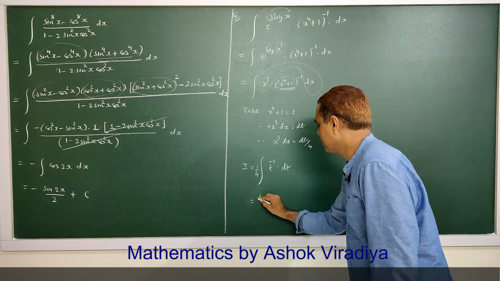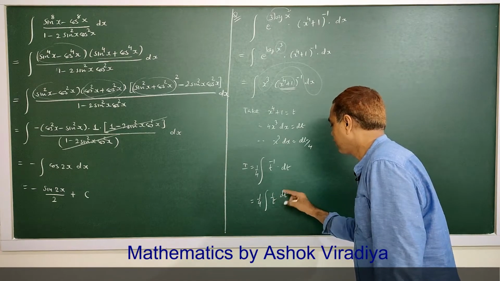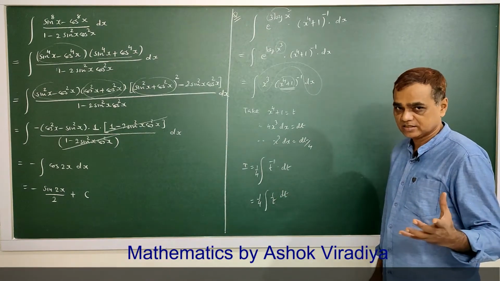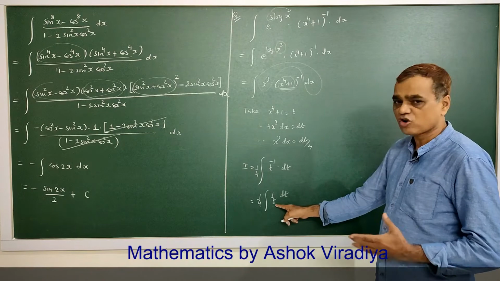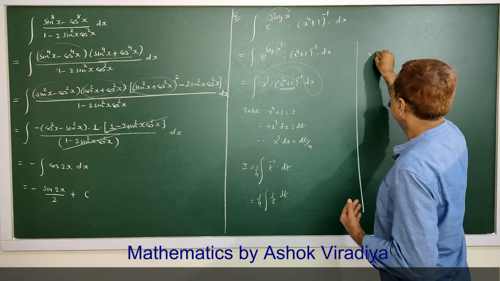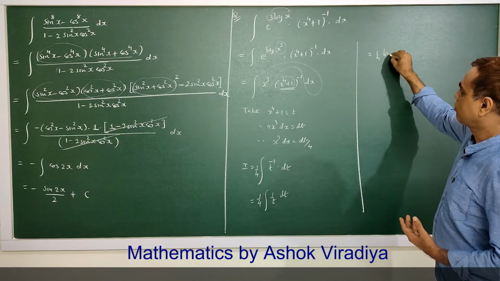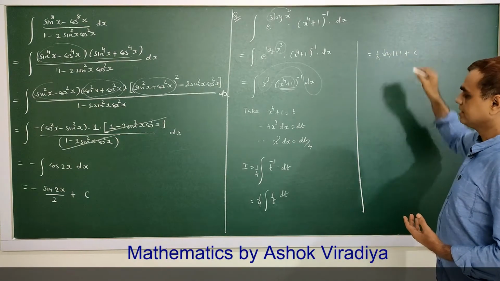Integral of 1 upon t is log of modulus t, because this is the derivative of log of modulus t. So it is 1 upon 4 into log of modulus t plus c.